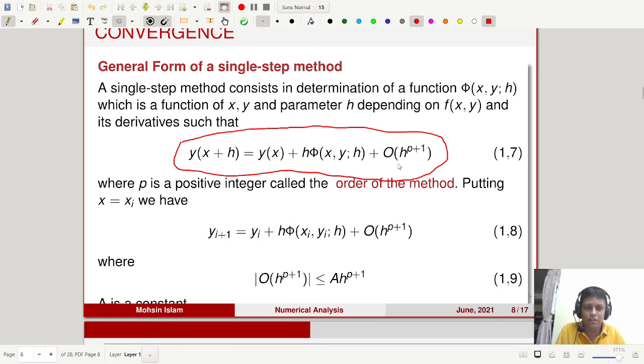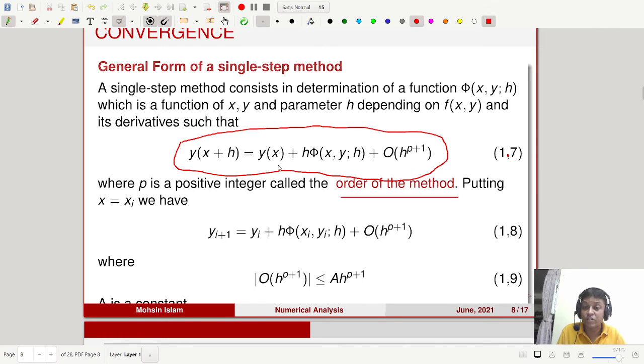That is from the Taylor series. This is 1.7, the general form of the single step method, where p is a positive integer called the order of the method. If you expand, you will get this type of form, 1.7.